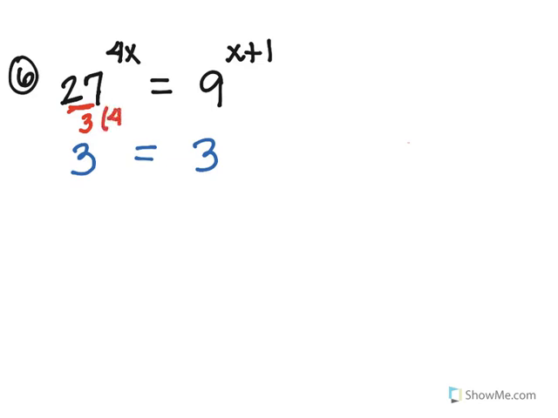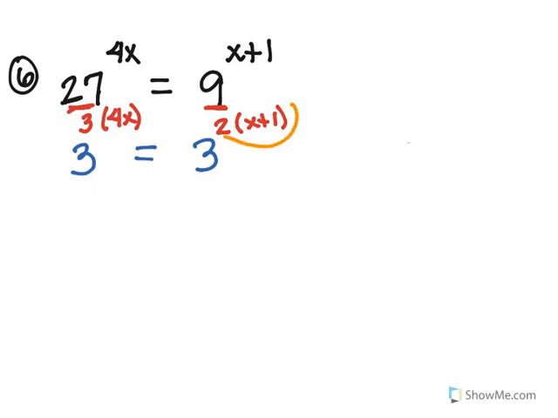Now I'm putting in parentheses the 4x because it's already on that side. On my right side, I would need to raise 3 to the second power to get 9. 3 times 3 is 9. And I'm putting in parentheses the x plus 1 because it's already on that side.